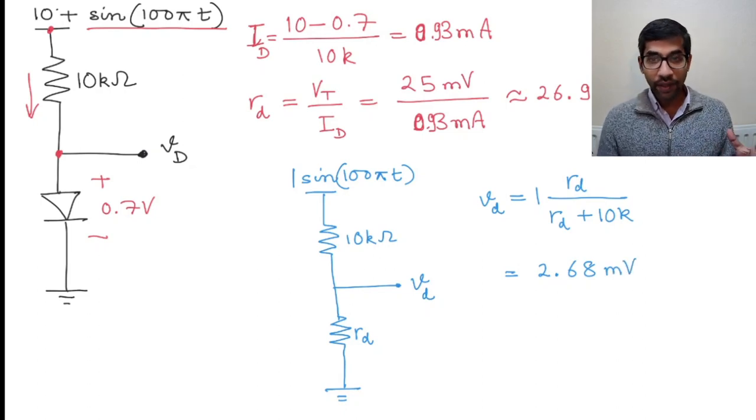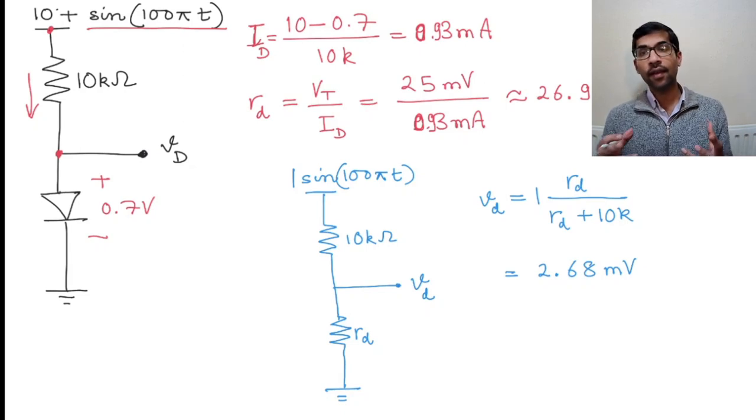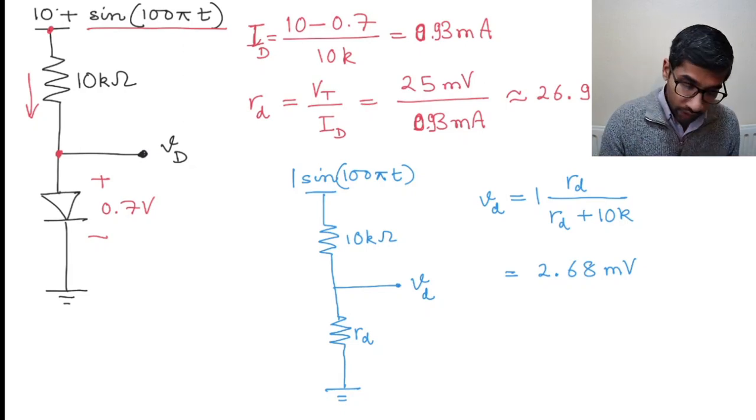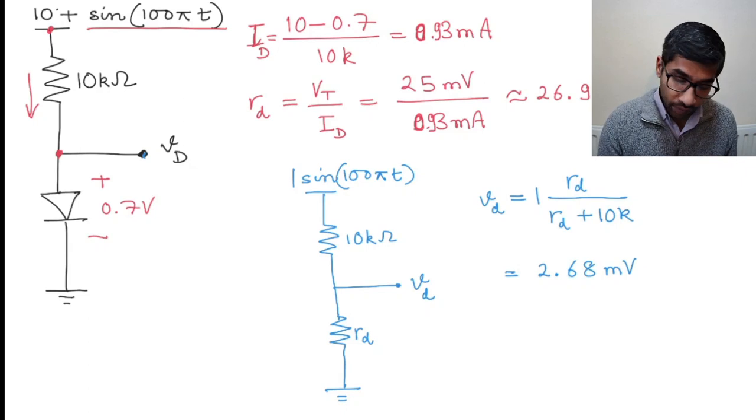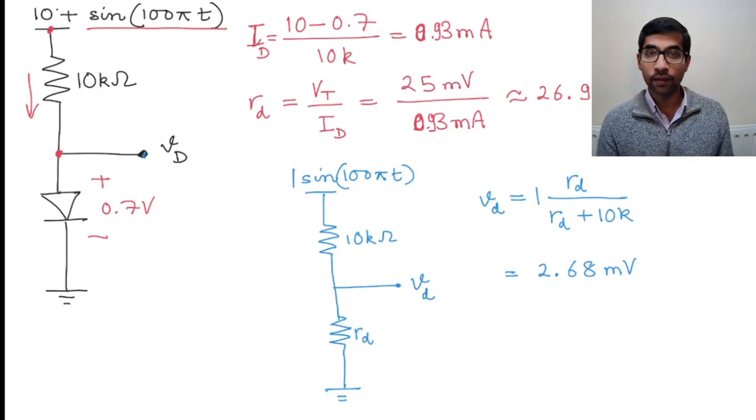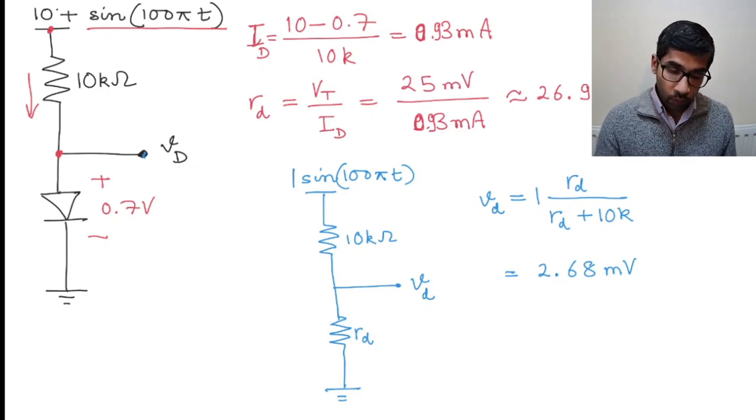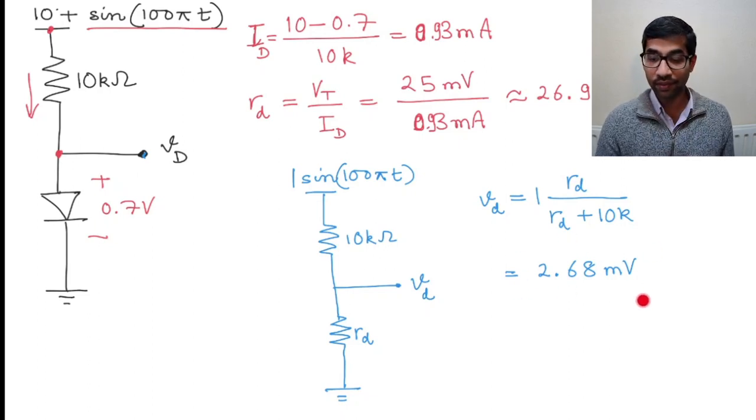Now we can combine both these voltages and ask: what is the total voltage at the diode output? We have a 0.7 volt DC signal, and along with it a sine wave of 2.68 millivolts.